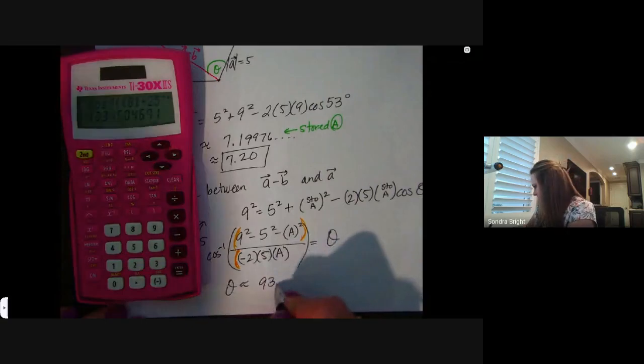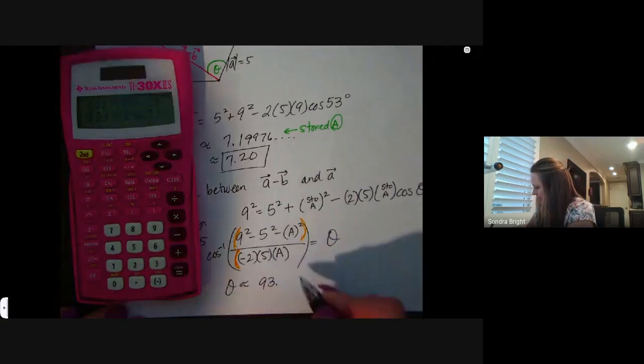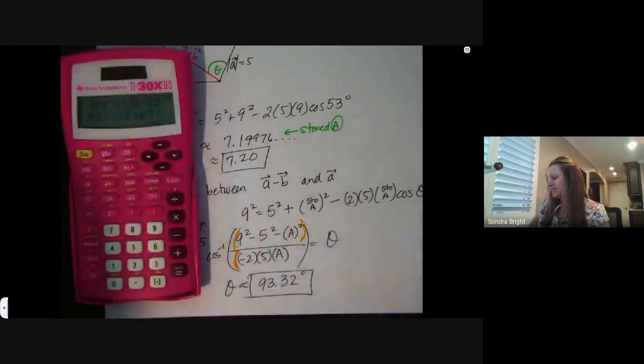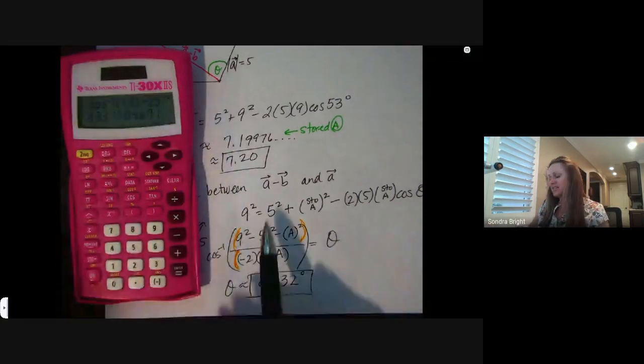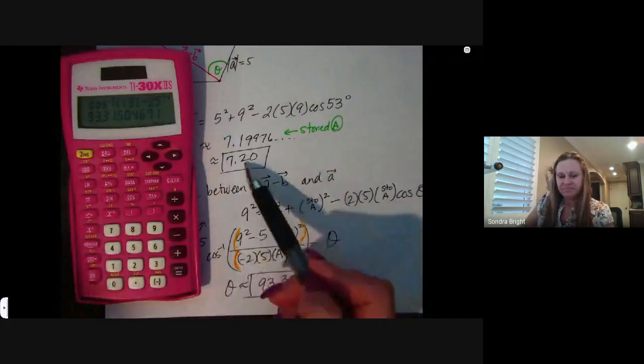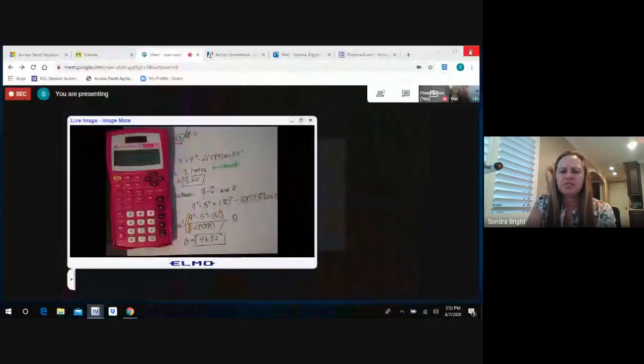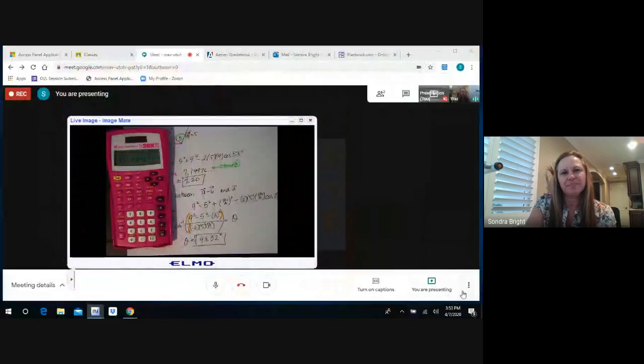So I'm going to say 32 degrees. There you go. And if you hadn't stored it and you had said 7.2, all of that stuff would have been off. So better to store so you get the right answer. It's in math always. Like when you're using your calculator, then you want to store things until the very last step. Okay, that is section 7.